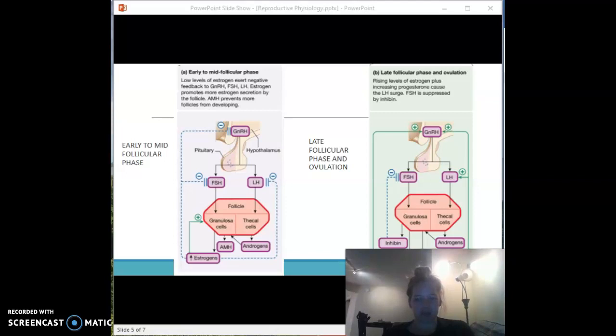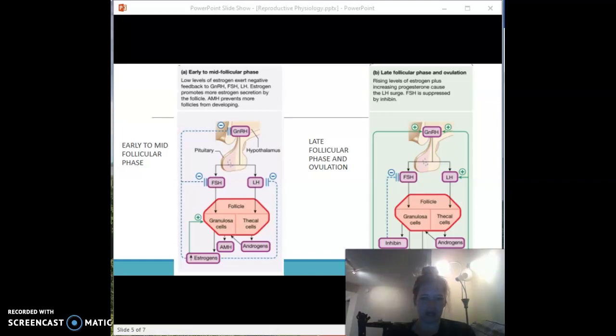The granulosa cells and their thecal cells produce those hormones. Granulosa cells, as a reminder, produce AMH, while the thecal cells produce androgens. And then the estrogen is exerting a negative feedback onto the anterior pituitary gland to inhibit FSH and LH secretion. This prevents the development of additional follicles during the same cycle.